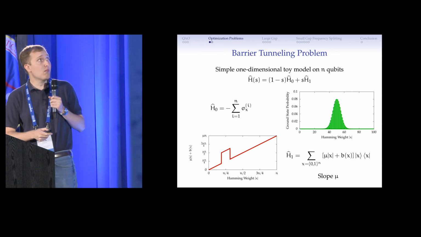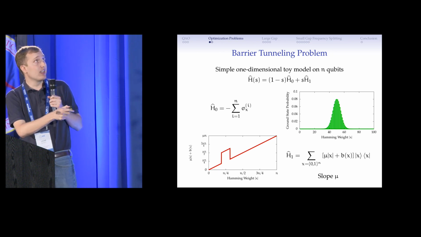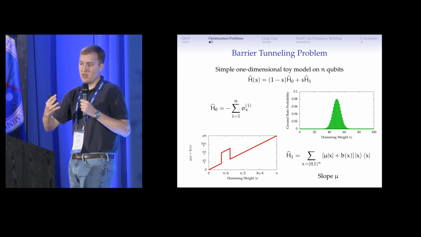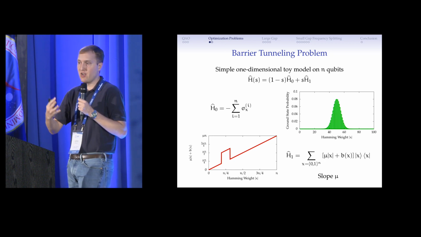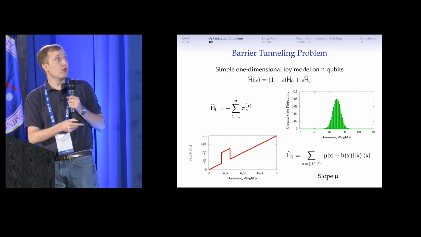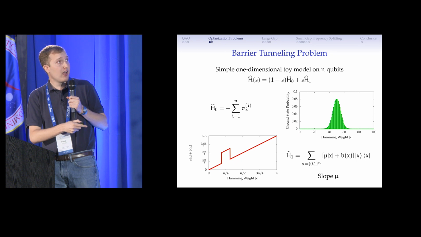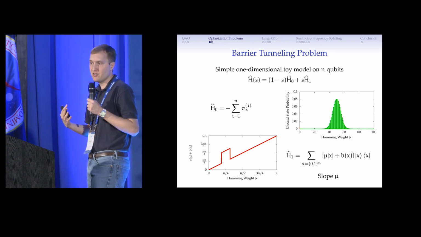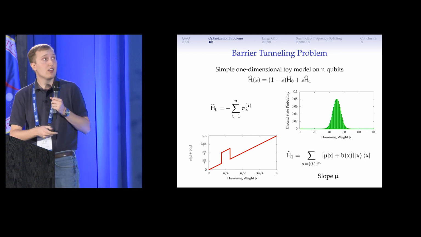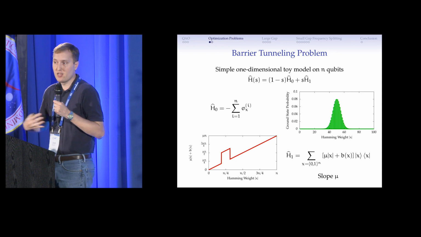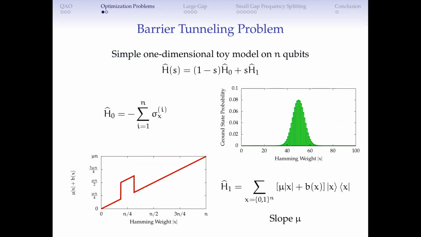So the model that I'm looking at is, again, just linear interpolation between two Hamiltonians. Your initial Hamiltonian is just a transverse field in the x direction on n qubits. And so the final Hamiltonian turns out to just be a function of the Hamming weight of your bit strings. So in terms of Hamming weight, your ground state is just going to be a binomial distribution in your Hamming weight.